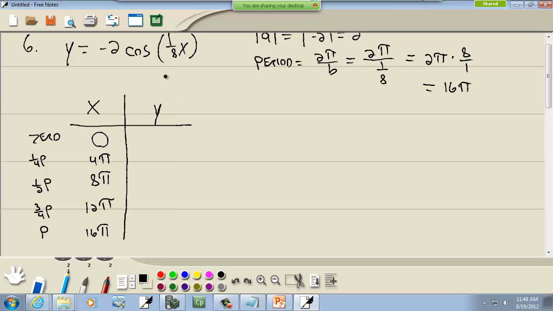Now, y is equal to negative 2 cosine 1/8 x. So I'm going to take each one of these x values and plug them in for the x here. So I got negative 2 times cosine of 1/8 times 0, and 1/8 times 0 is 0.